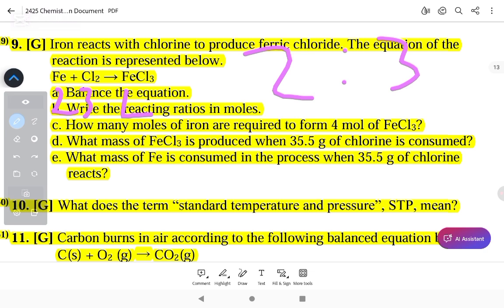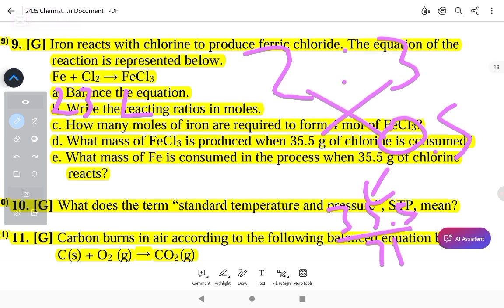So over here we'll have 0.5 moles, which is 35.5 over 71. When you cross multiply, 0.5 divided by 3 will give you 0.3333, like we did last time. But now to find the mass of Fe consumed, just multiply by Fe.